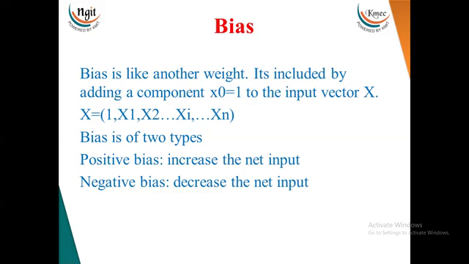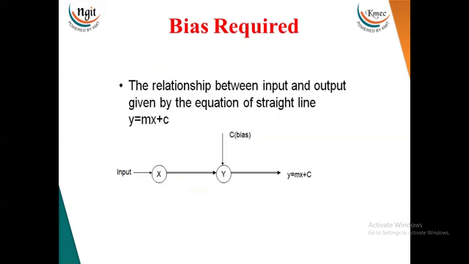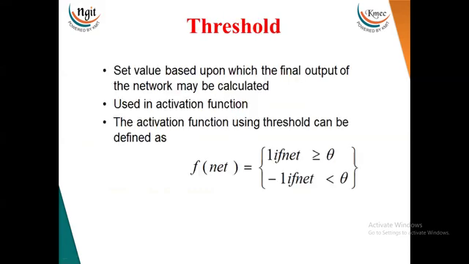So I will use the negative bias. If I feel that my signal is very weak, I have to go for the positive bias. So the values will be like 0 or 1 for the bias. If the relationship between input and output is given as y equals mx plus c, then c will be the bias here. So the coefficient of this particular linear equation will be the bias.